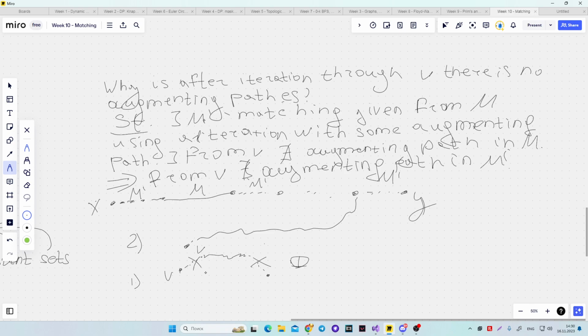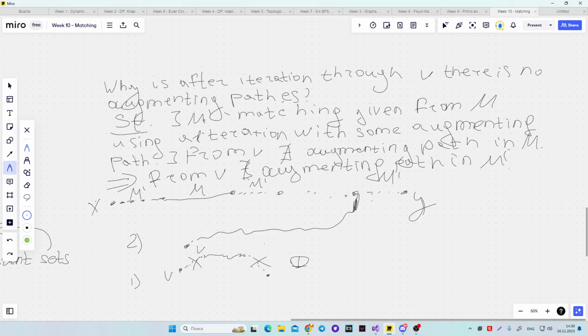We look at whether this last edge will be in M or not in M.